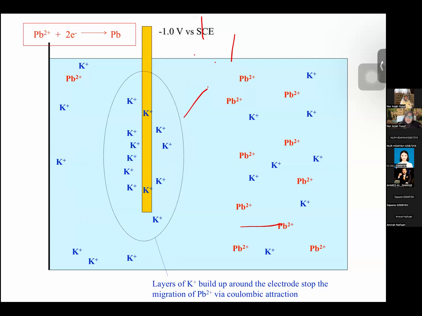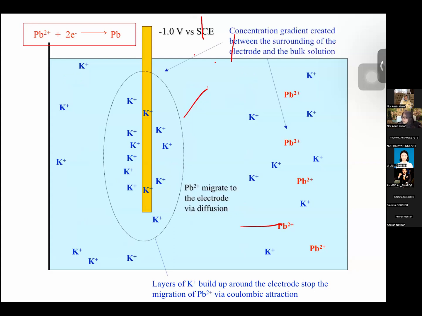This is another reason why we need to stir the whole thing, to make sure the Pb2 plus comes to the electrode and is reduced. This is the process that happens in voltammetry.